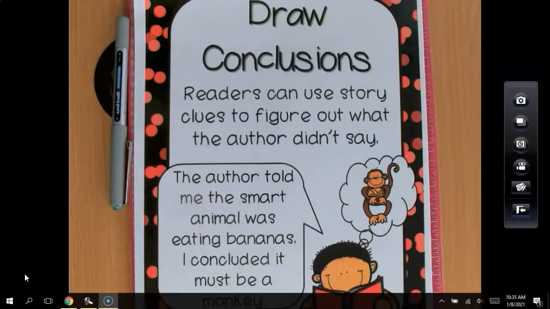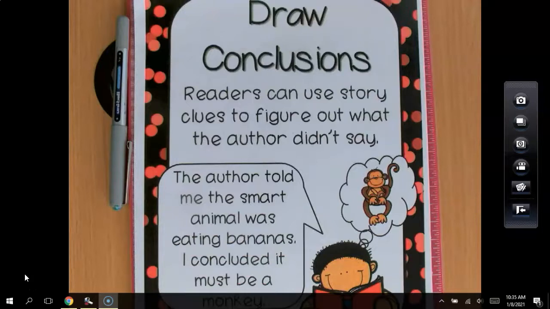Okay, so today we are learning drawing conclusions. What does that mean? Well, boys and girls, when we draw conclusions, we readers can use story clues to try to figure out what the author didn't say within the story.